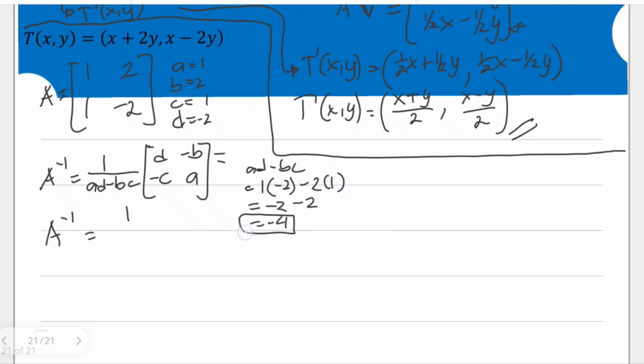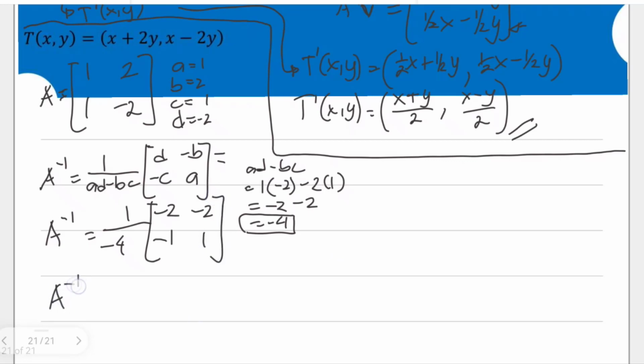By the way, as a review, if AD minus BC is 0, then the inverse is undefined. Hence, our standard matrix A is non-invertible, and that would mean our linear transformation T is also not invertible. But here you have negative 4 times D, which is negative 2, negative of B, so negative 2, negative of C, negative 1, and here positive 1.